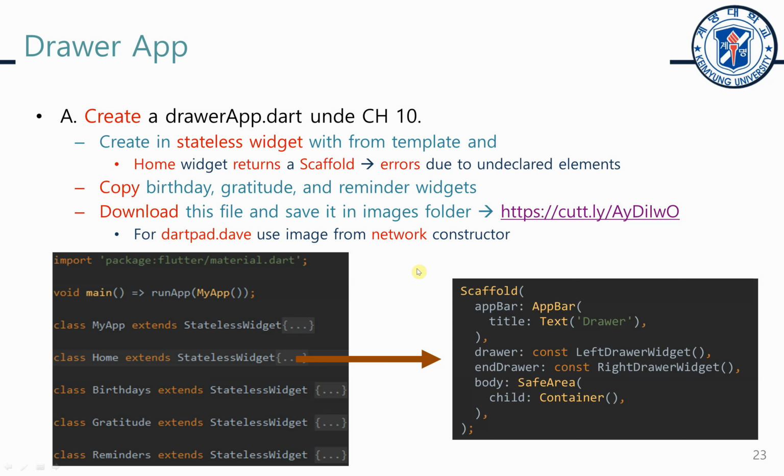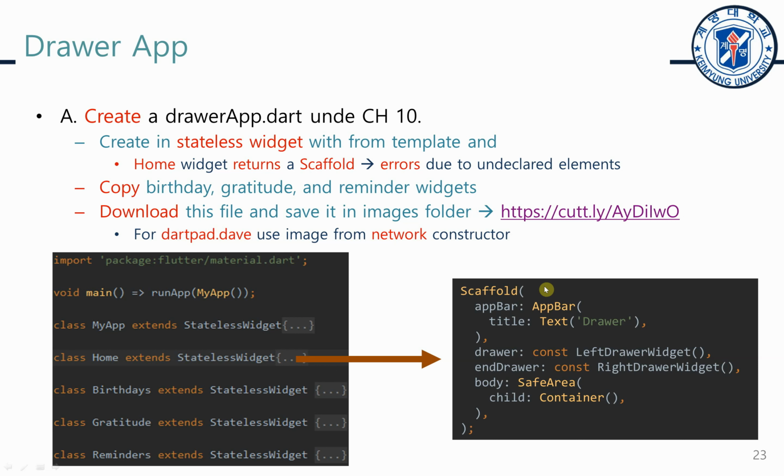If you are using dartpad.dev, not DAV, it's dartpad.dev, DEV, then instead of just the image, you can use the network constructor in order to load this image, as we have discussed in the past when we discussed the basic widgets of Flutter.